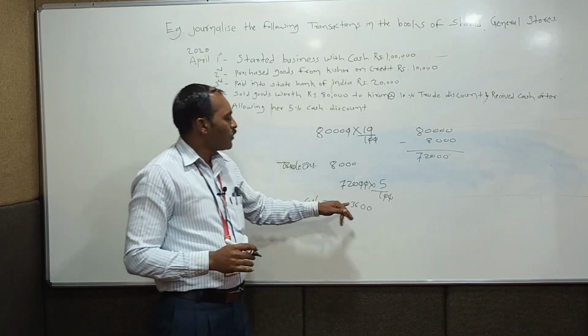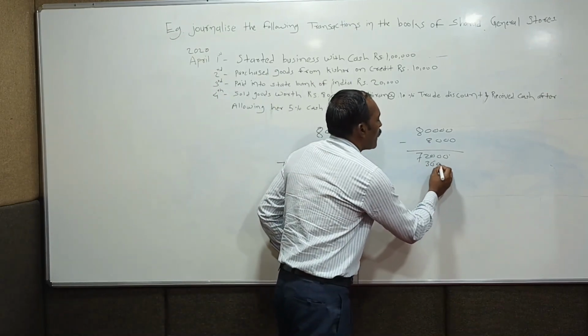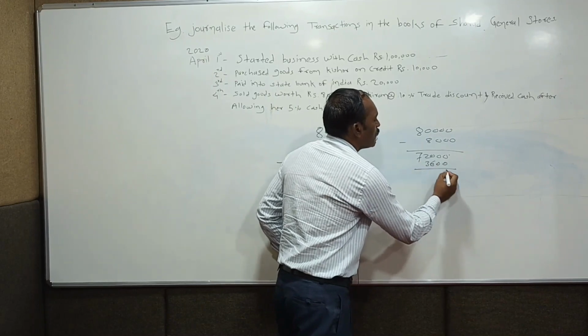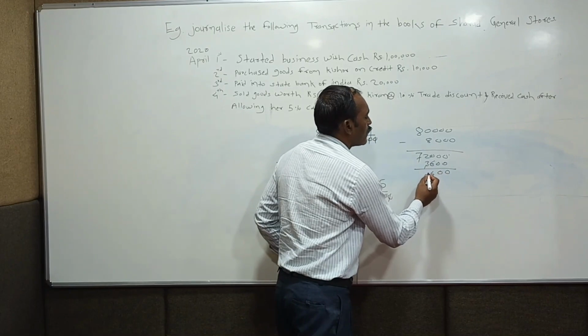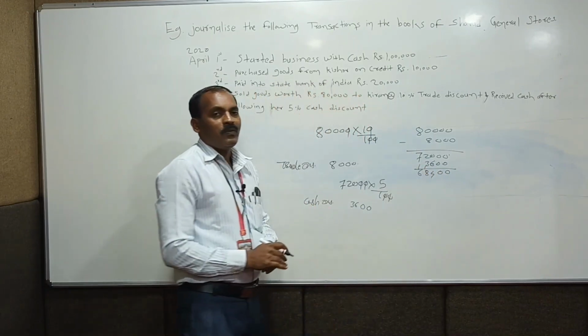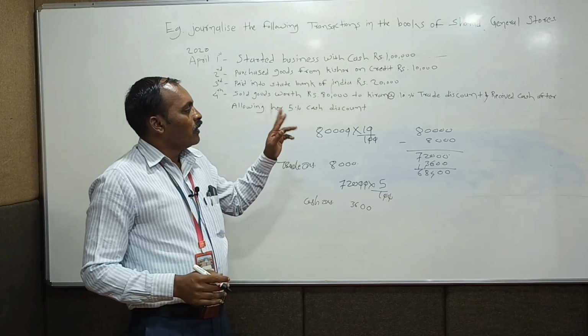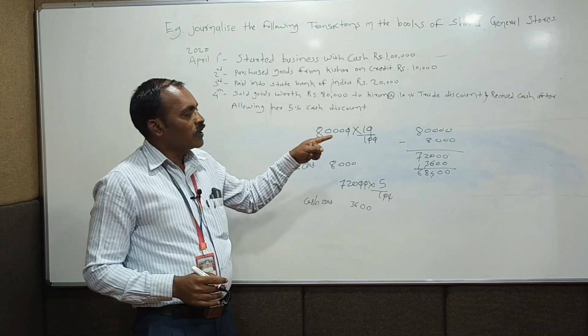So the cash discount of rupees 3,600 is deducted from the amount and we get a balancing figure of 68,400.